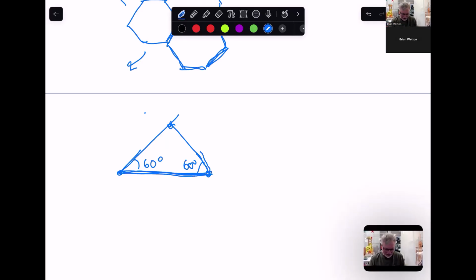The way we did it in the video, it's inherently a little bit more accurate, a little less prone to error, is we took our compass and set it to that length, put the sharp end here and drew an arc of a circle, and the same thing here, drew the arc of a circle, and where they met, that's the point which makes the third point on the triangle, and then you just draw in the sides with your ruler.